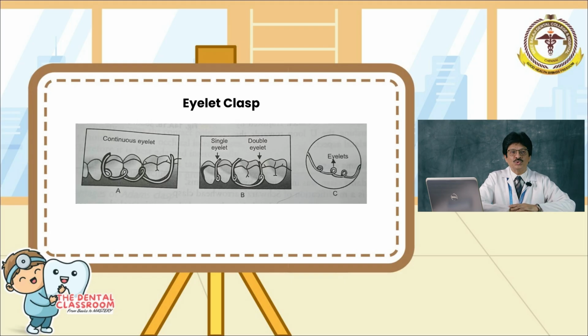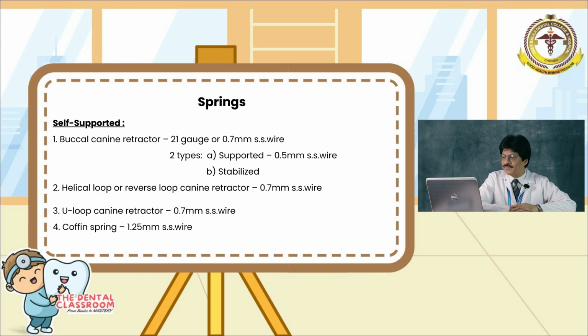So you can choose the clasp according to your convenience, whichever one you feel is ideal for the particular case. Now we have the active components, and springs are an active component of the removable appliance.